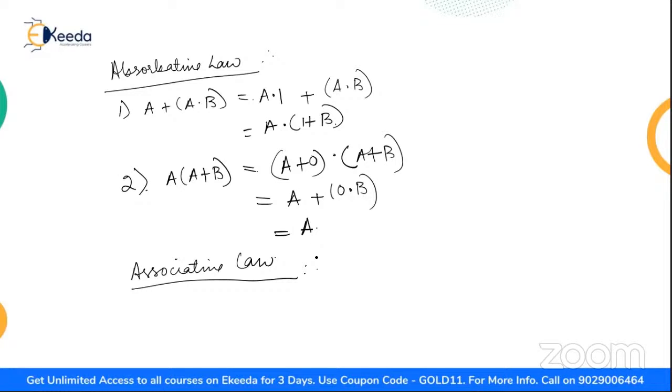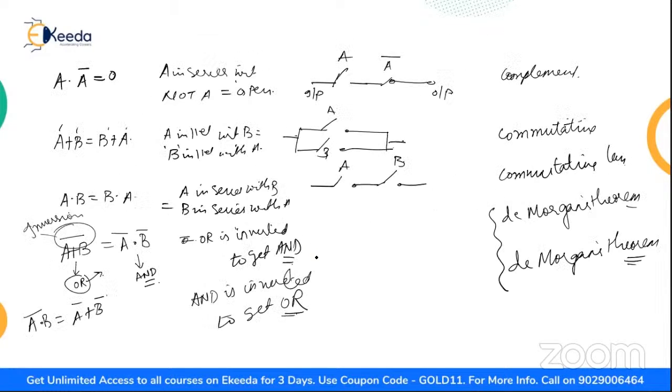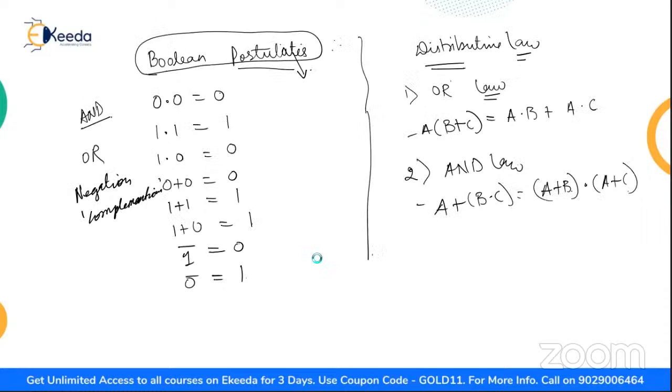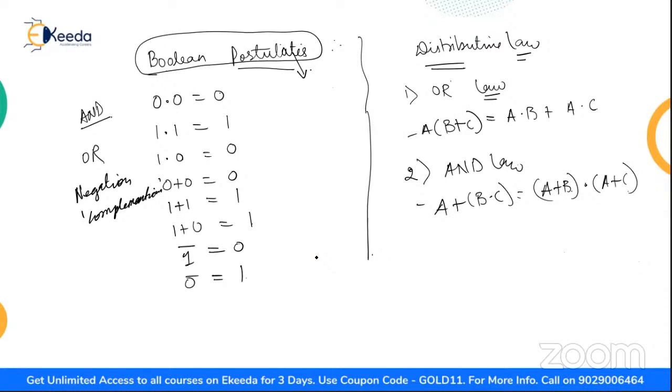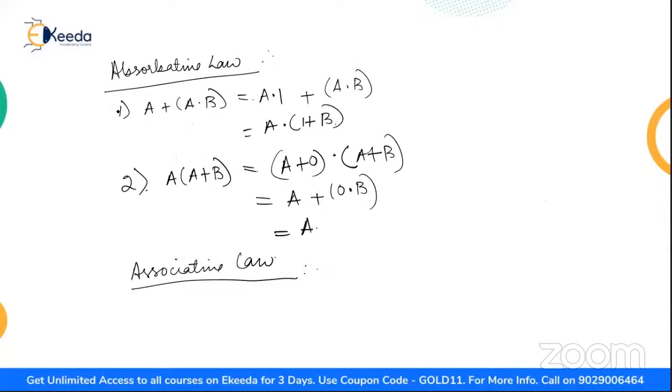So just remember this table. This table is sufficient. Whatever I told you, remember this table, and remember these extra laws, that is, the distributive law, absorptive law, associative law. What is the associative law? We'll see.